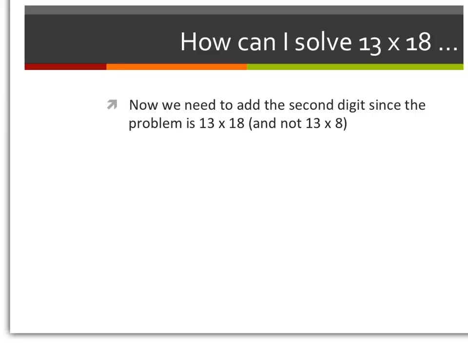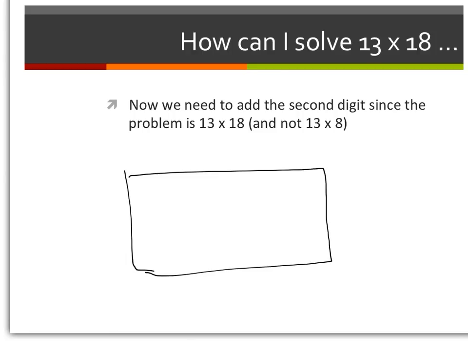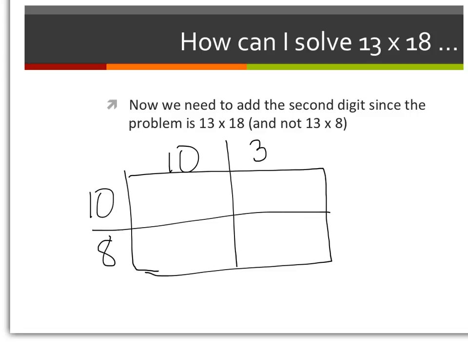Now, since my problem's not 13 times 8, but 13 times 18, I need to add that second digit, or that 10 from the 18, giving me a model that would still split 13 into 10 and 3, but also split 18 into 10 and 8.